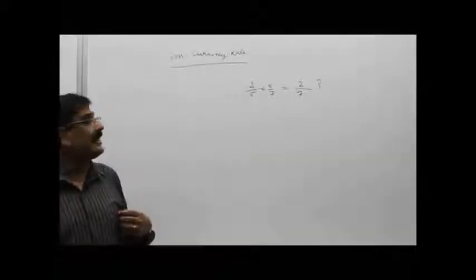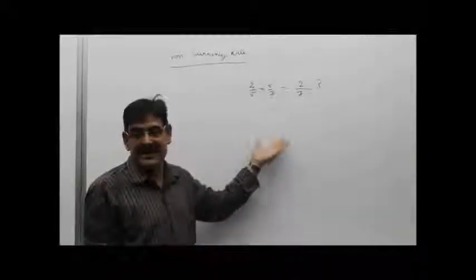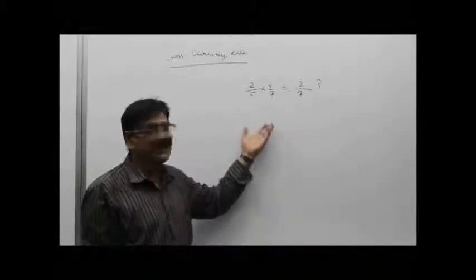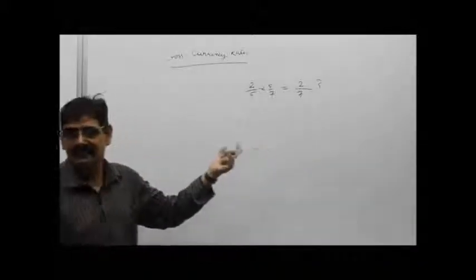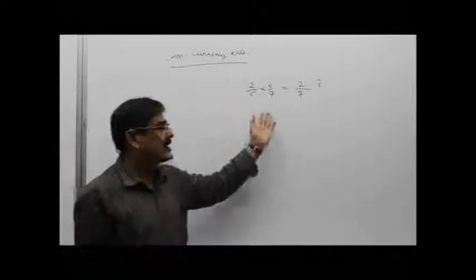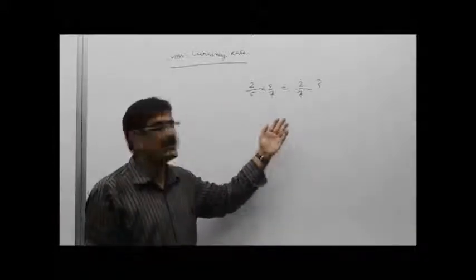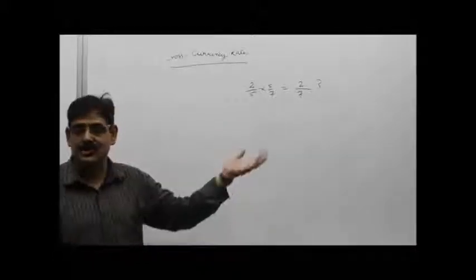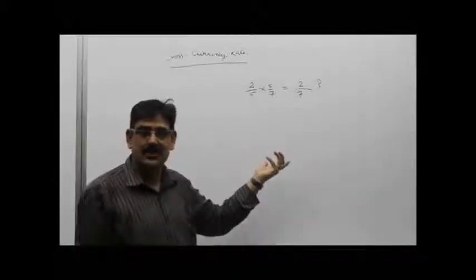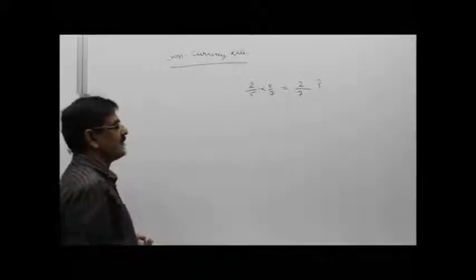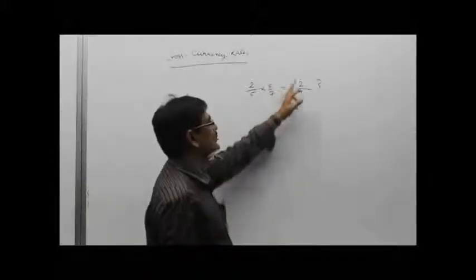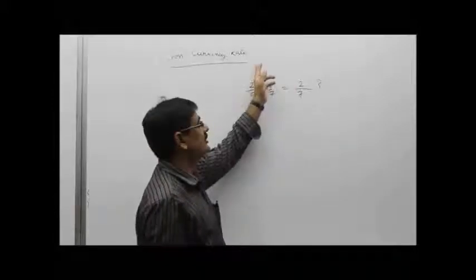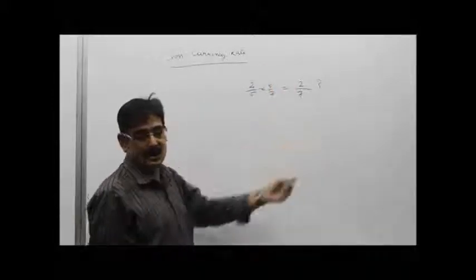You may say, sir, we are professional students, what are you teaching? But the concept remains the same. If you understand in such simple language, there is no need to cram anything, and the same holds true for the professional course as well. So how do you get 2 by 7? 5 cancels out, and then 2 remains in the numerator, 7 remains in the denominator.